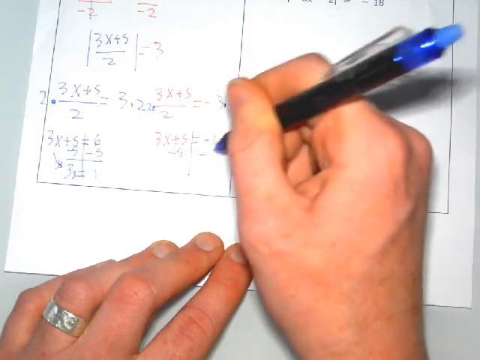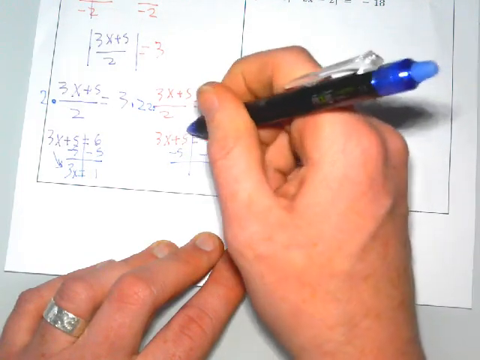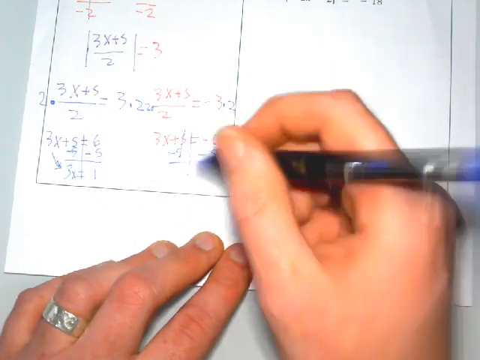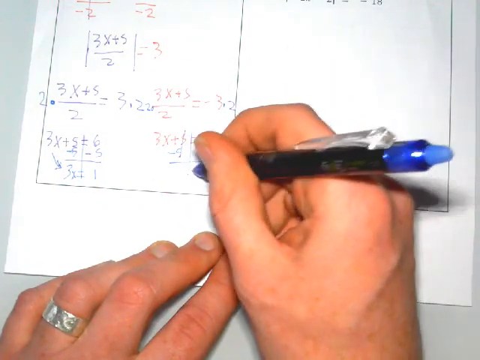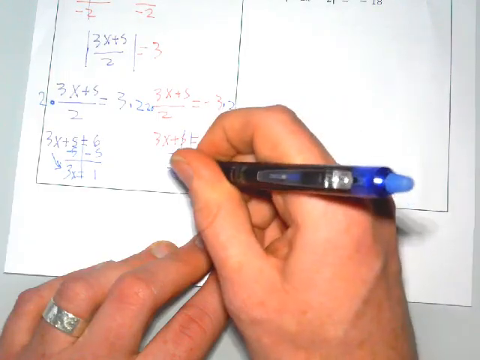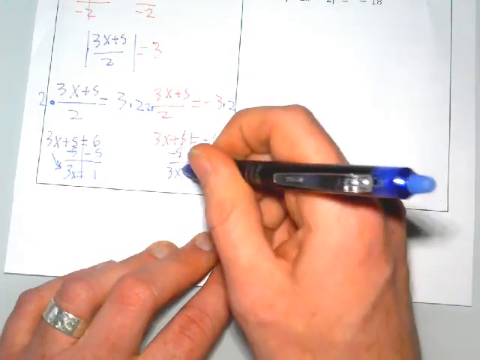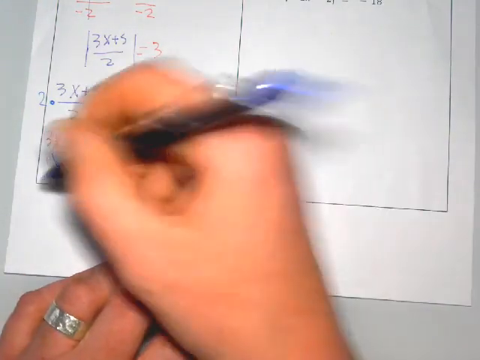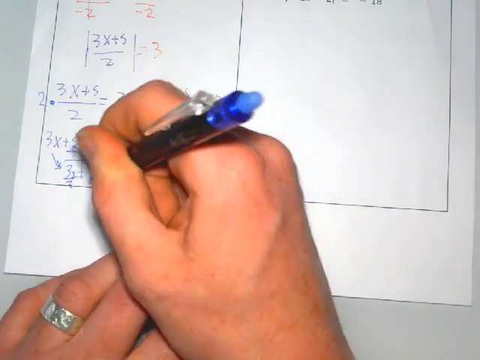That cancels out. Negative 6 and negative 5 combine together to make negative 11. Because remember, if we subtract from a negative, we get a bigger negative. So 3x equals negative 11. So your final step for both of these is to divide. Divide by 3 on both sides. Here, you get x equals 1 over 3.